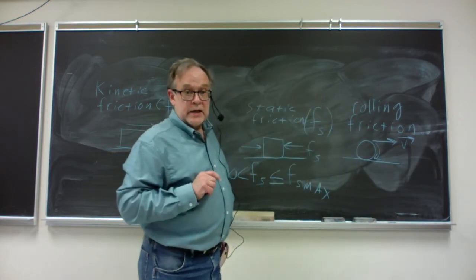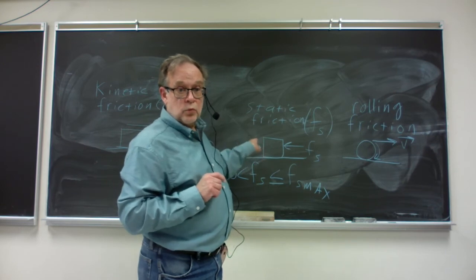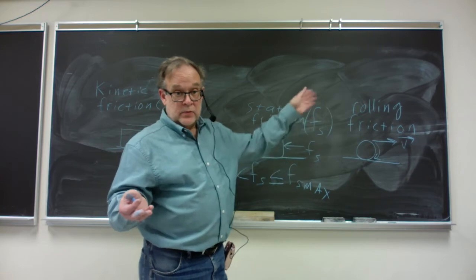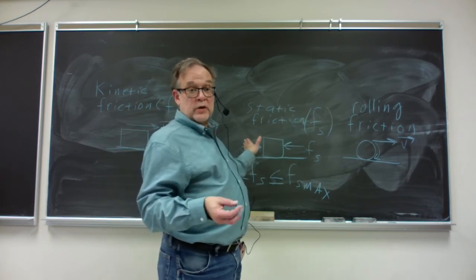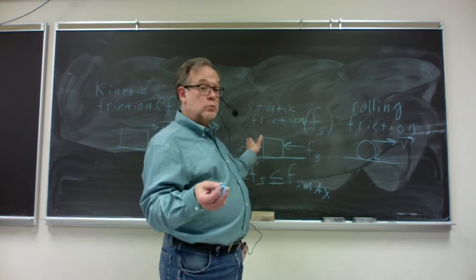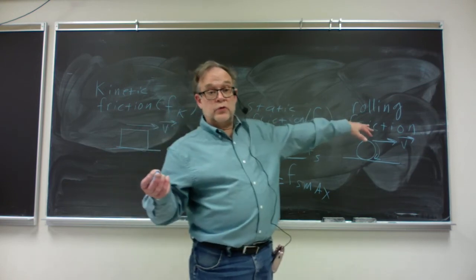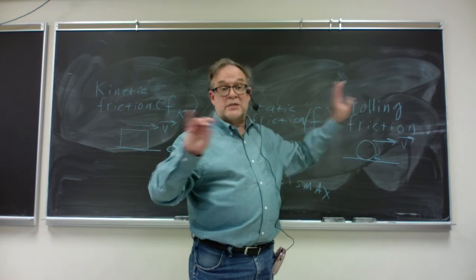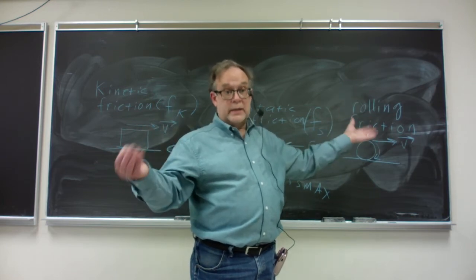Like static friction, rolling friction as well prevents sliding, right? In the case of static friction, it prevents sliding and keeps the thing from moving at all. In the case of rolling friction, it prevents sliding and makes the thing roll instead.